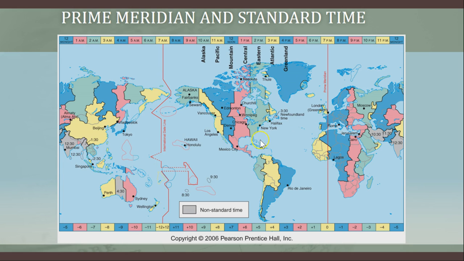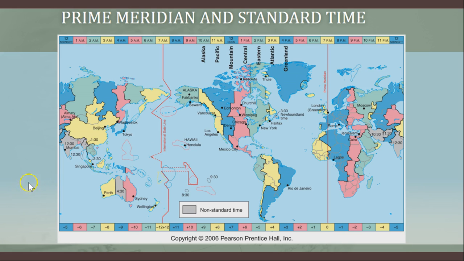But if you are in Dallas, which is right about here, you're actually in Central Time Zone, and it's 1 p.m. because the sun is a lot closer to us in that respect than it is for the people who are on the prime meridian. And so that's how time zones work.